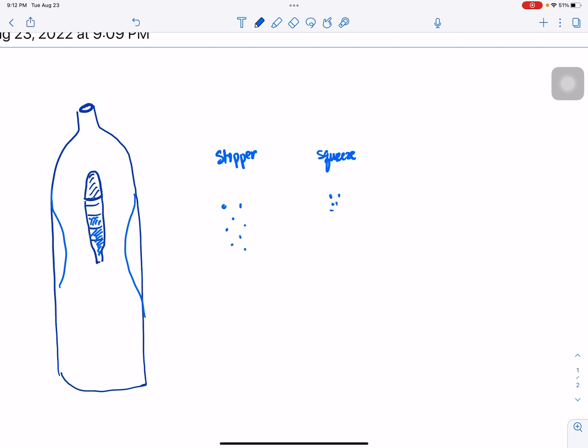I've got the same number of particles, 1, 2, 3, 4, 5, 6, 7, 8, but they are squeezing into a smaller volume, which means they become more dense. So same amount of air in a smaller volume.